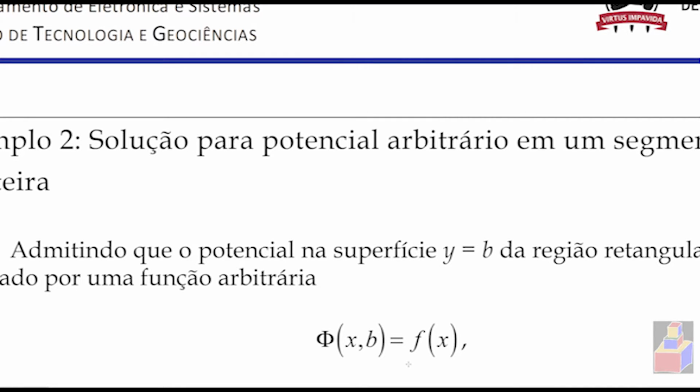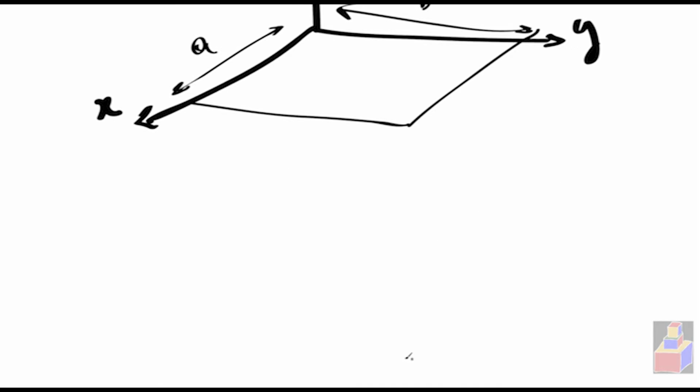Instead of being a sinusoidal profile, now you have an arbitrary function. So when you go to y equals b, if you get those types of functions, phi_m, let's go back again.